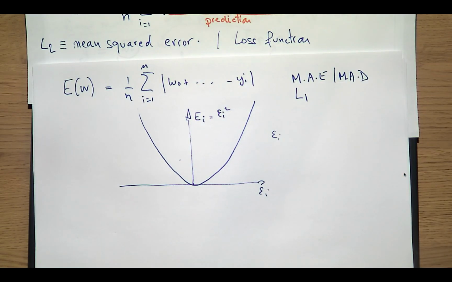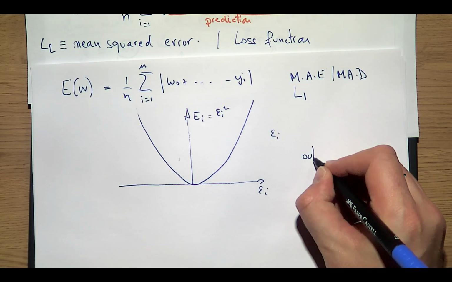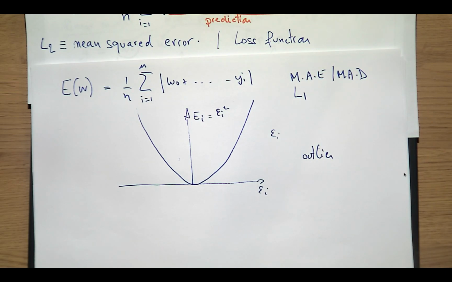What happens is that if you have a large error, it's called an outlier. You assume it's a linear function, but really in your data set there are a number of points for which this model is just totally wrong. Something else is going on.